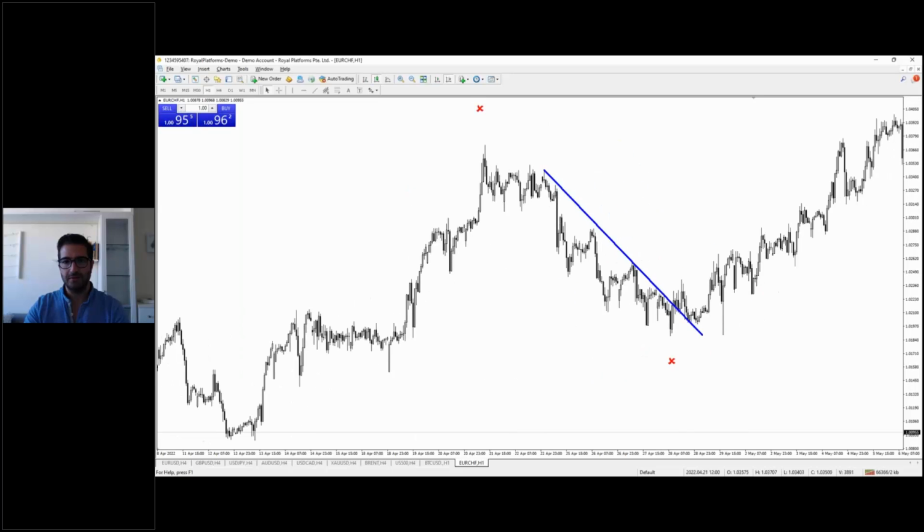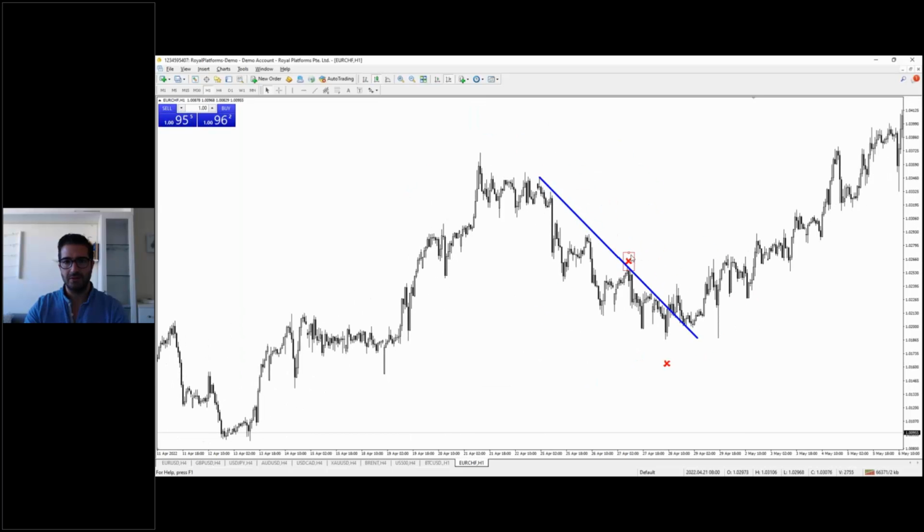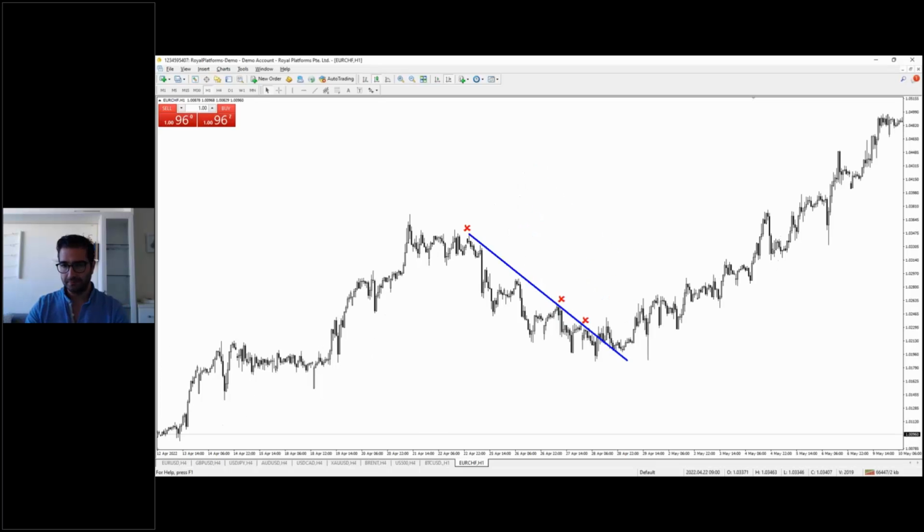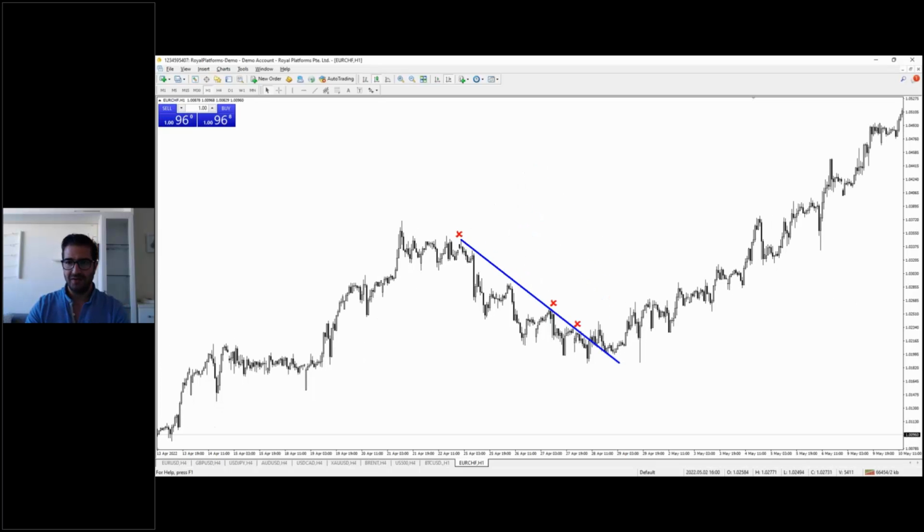We have one here, one here, and I will add one, which is the first one. One second. Okay, so 1, 2, 3 points, and we have a trend line.